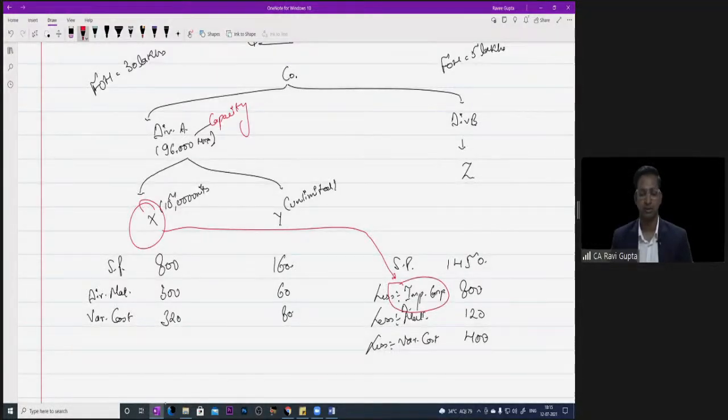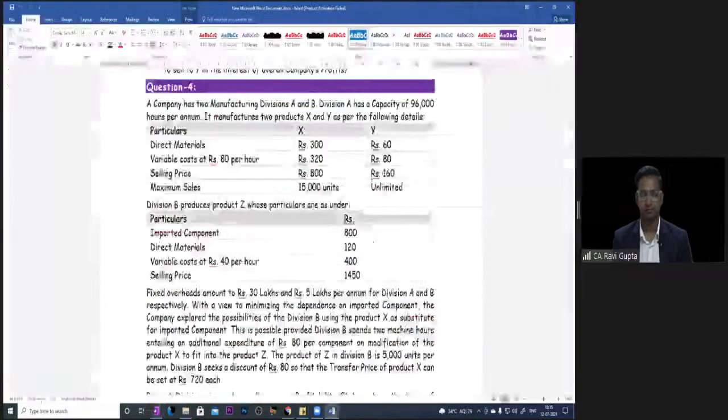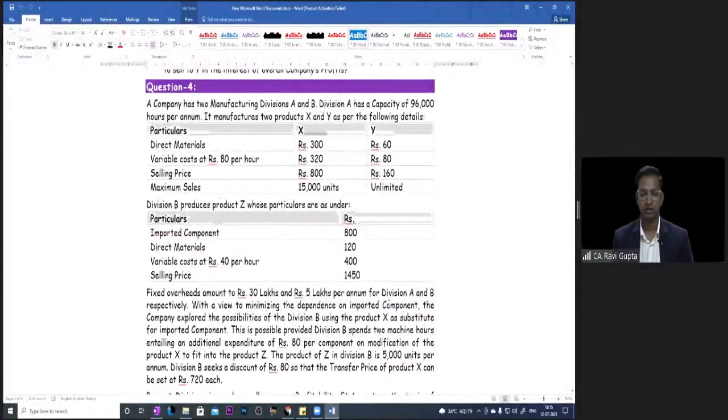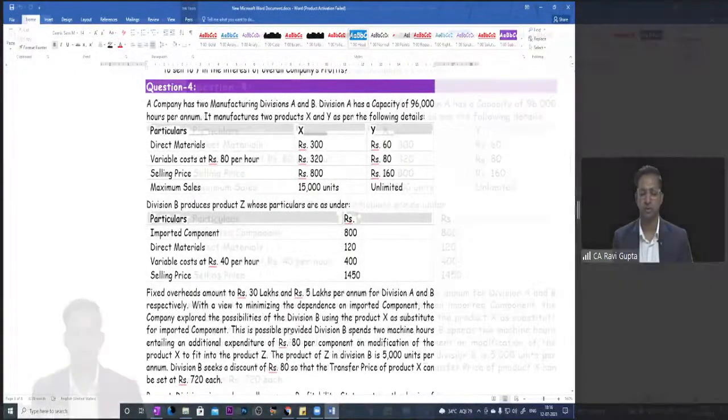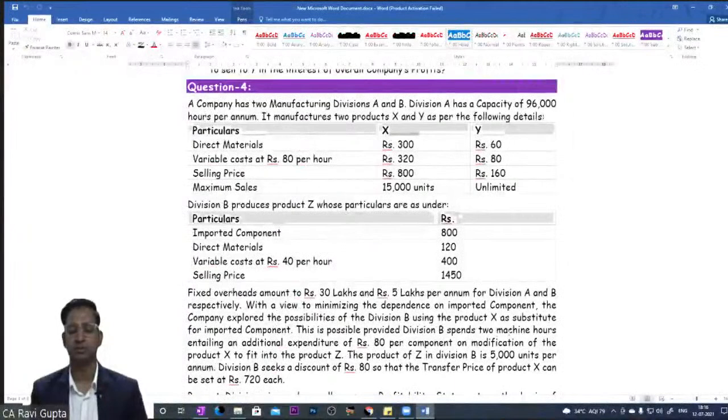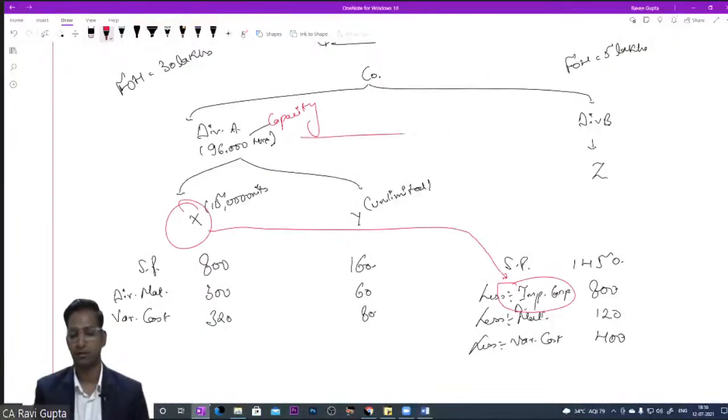This is possible provided division B spends 2 machine hours, entailing an additional expenditure of rupees 80 per component. That is, transfer price plus 80 additional rupees will be incurred by division B.